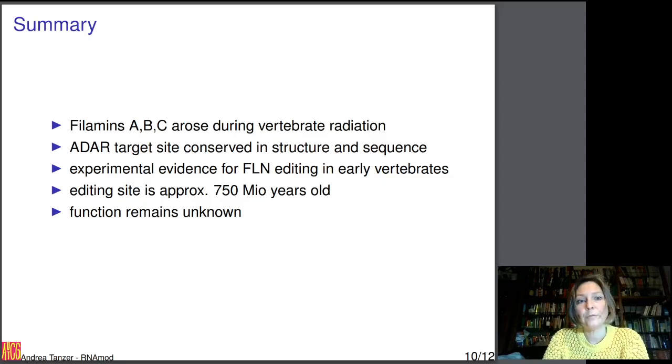And we found strong experimental evidence that filamin is edited from human to mouse and fish into early vertebrates. Thus, the editing site we have studied here is approximately 750 million years old. However, the function of this recoding event remains largely unknown.